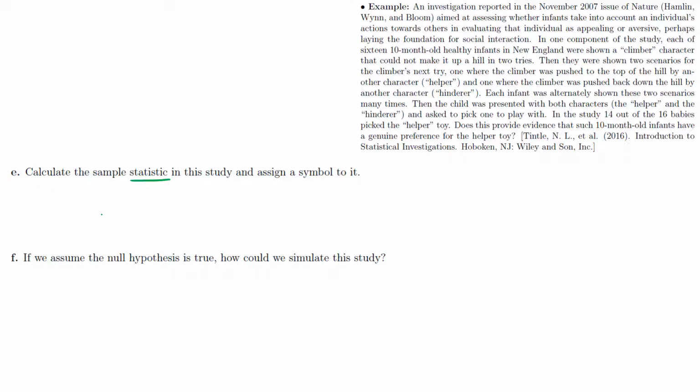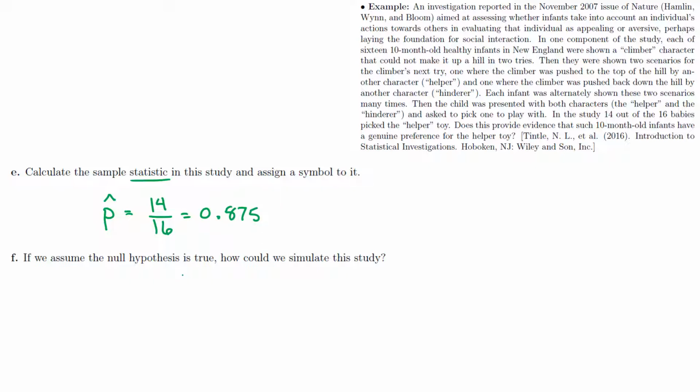For us, we're interested in the proportion of the time that the helper gets chosen. So we're going to say P, and to designate that it's for a sample, we use this little hat on here. P with a hat tells you this information is coming from the sample. And I can see that 14 out of the 16 chose the helper toy, which comes out to 0.875.